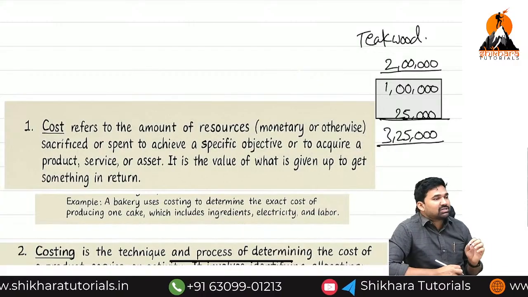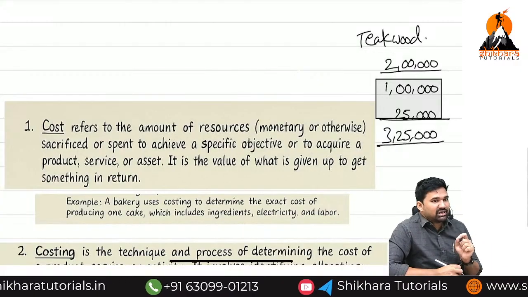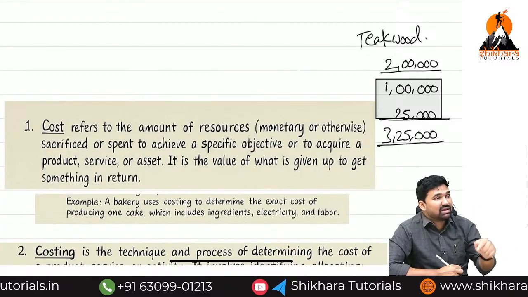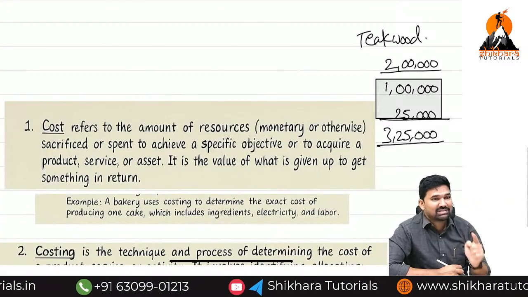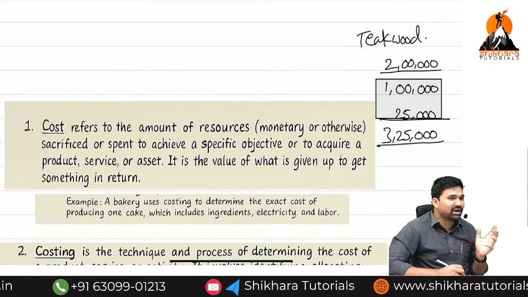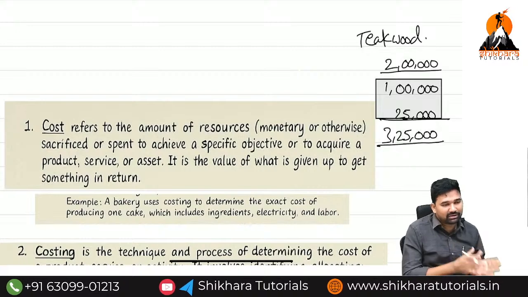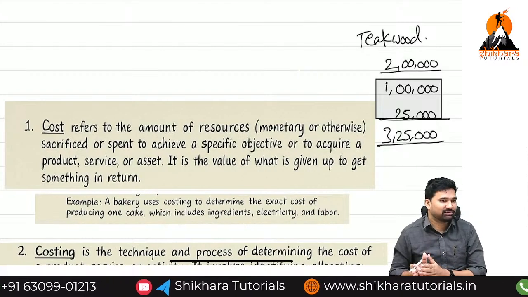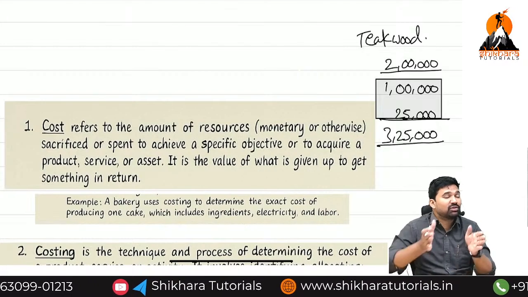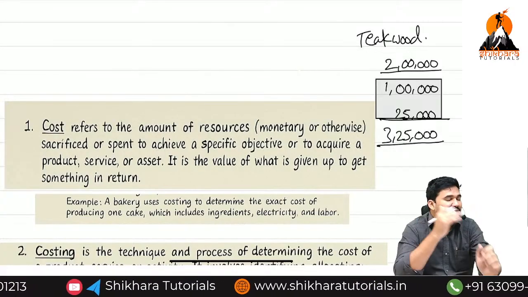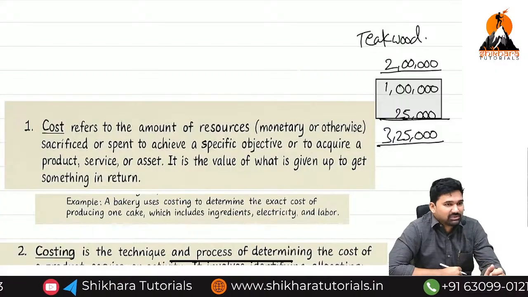As per cost definition, cost includes the resources we spent as well as the resources we sacrificed, either in monetary terms or in non-monetary terms. Both should form part of cost. That is the main definition of cost.